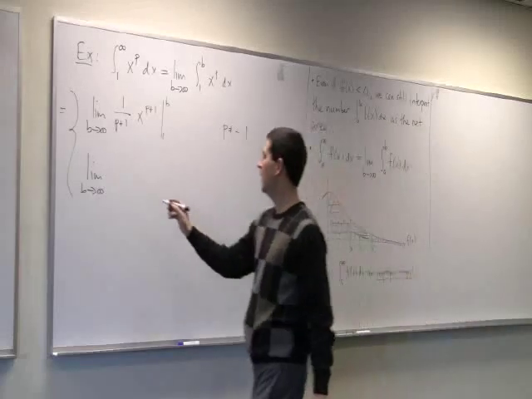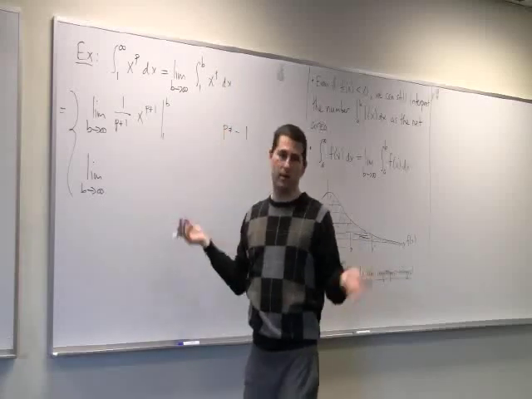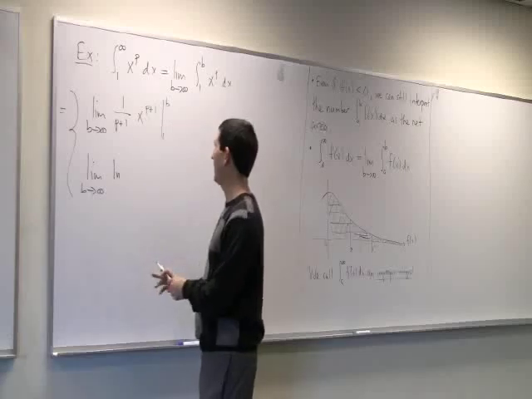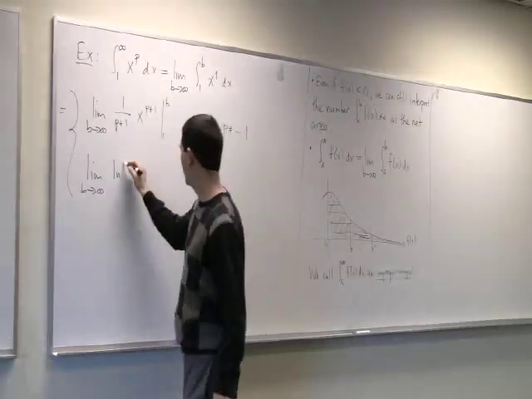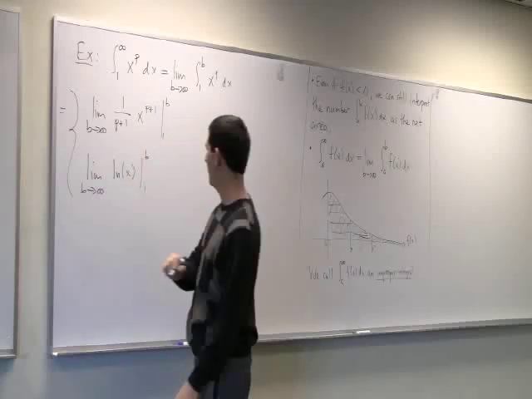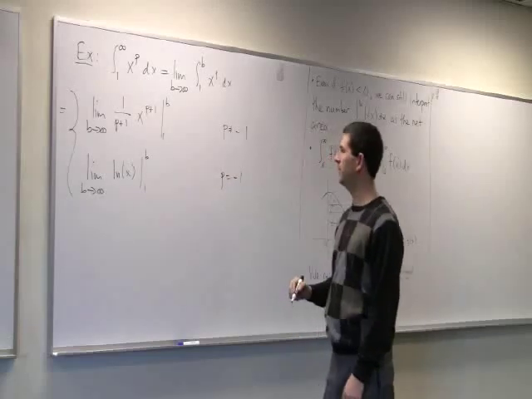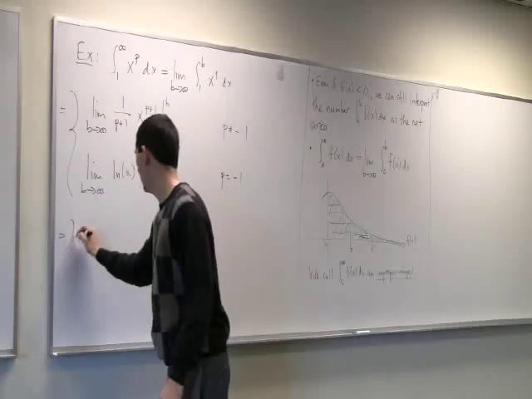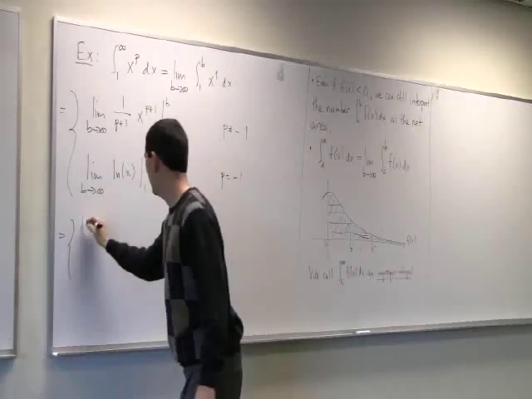Okay, so if p is -1, you just have x to the -1, or 1 over x. Integral, right? It's going to be ln of x. Should be ln of absolute value of x, but since x is between 1 and infinity, we don't need the absolute values. So that's p. It's negative 1. Okay, so in the first case, we just plug b and 1 in.